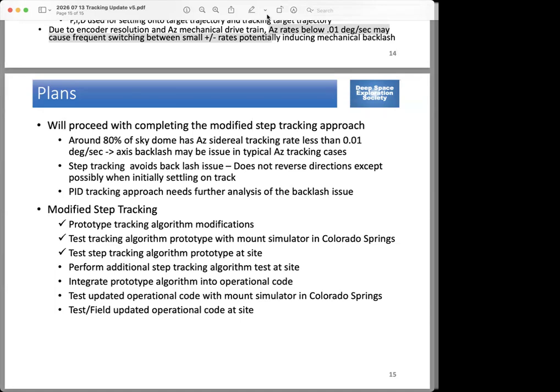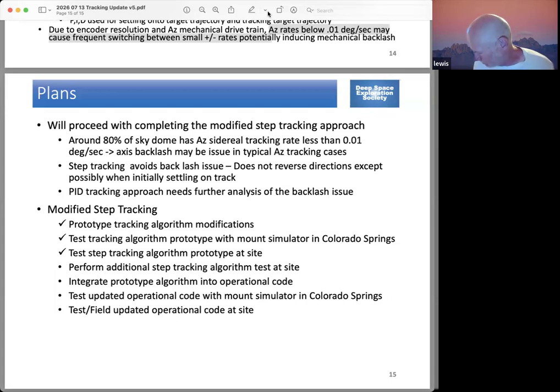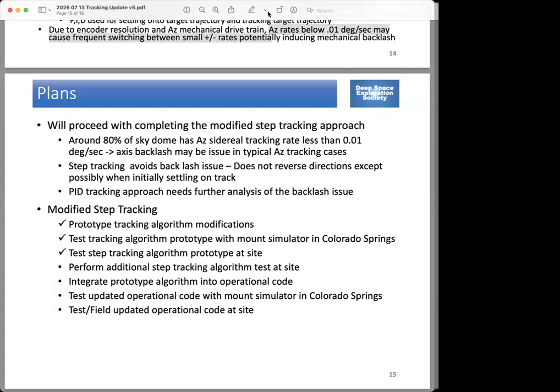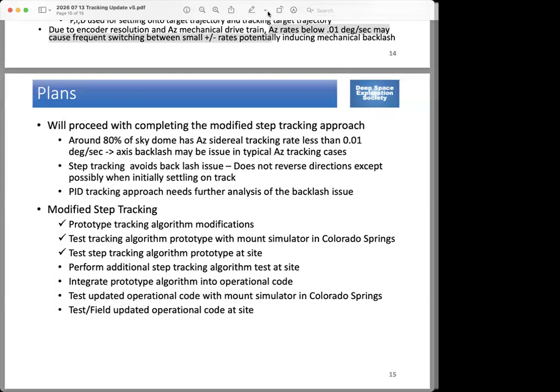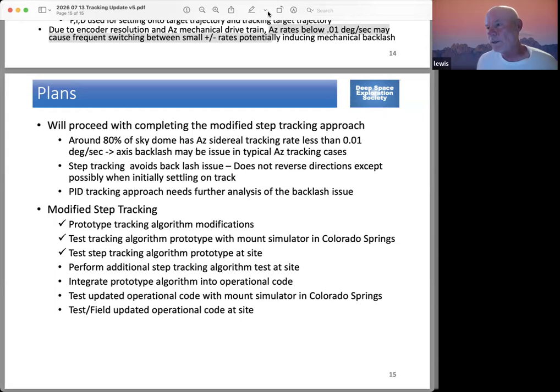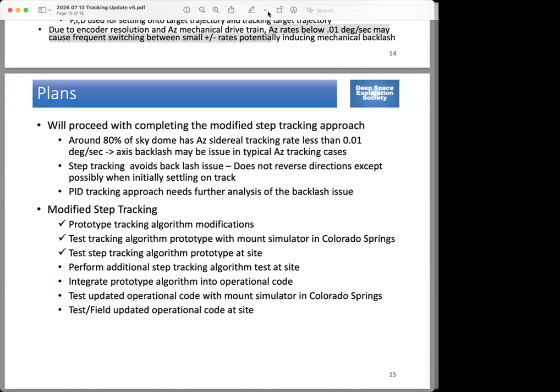I have a short question. Sure. Are there any wind related issues with tracking, especially at slow speeds? Sorry. If there's any ringing, it's below the resolution of the encoders. I'm asking about wind.